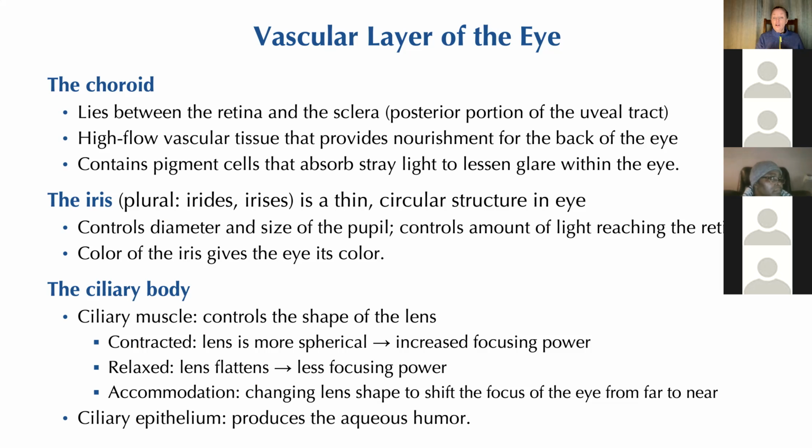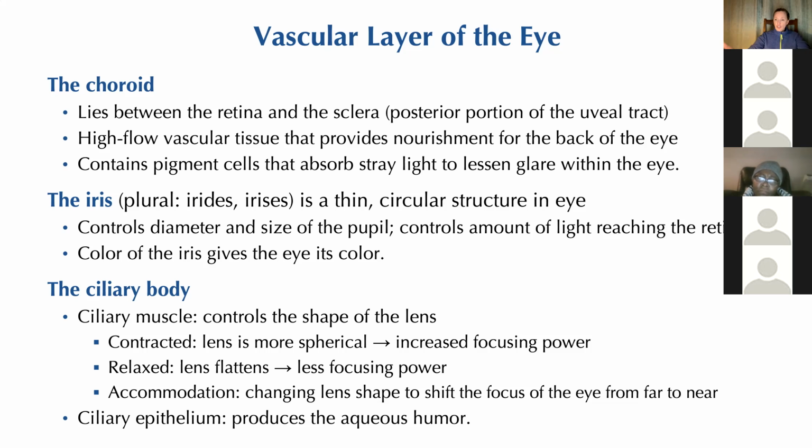That gives us increased focusing power, so when we want to look at something near. And when the ciliary body muscles relax, it pulls tighter on those lens fibers and the lens flattens, and we have less focusing power. So when we want to look at something that's farther away.